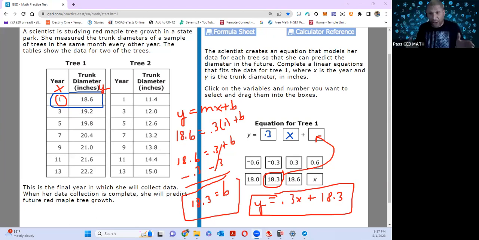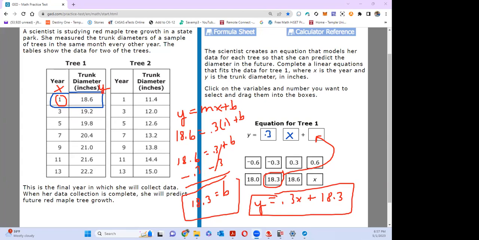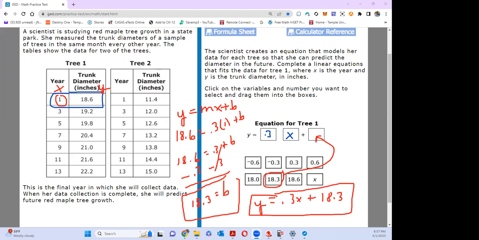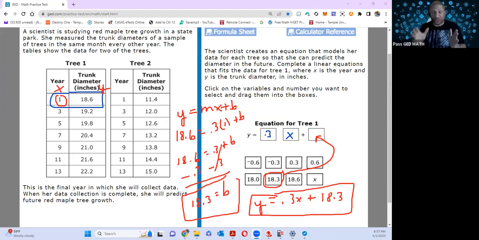If you have your calculator with you, take it out, because what I'm about to show you will blow your whole brain away. This 6 to 7 to 8 minute problem, I'm going to show you how to do in 30 seconds.